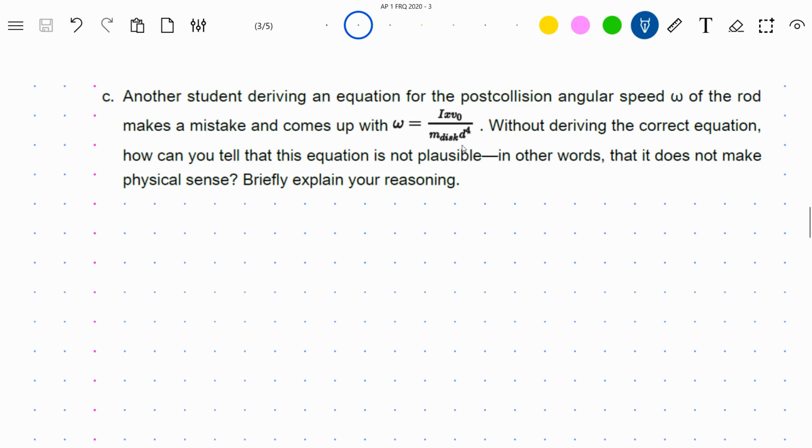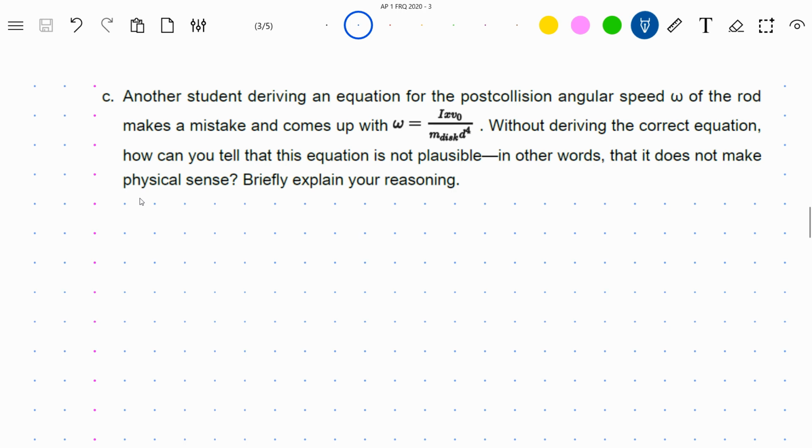I'll just see what units would pop out from the right side of the equation, and if those units match the value for omega, I might say it's plausible. And if those units don't match, I might say that it's not plausible. From a mathematical standpoint, there is some value to that, especially if it does not pass the dimensional analysis. If it doesn't pass, you could say it's definitely wrong. There's no way possible for it to be correct. So that would be meaningful, but is not what they're asking us to do.